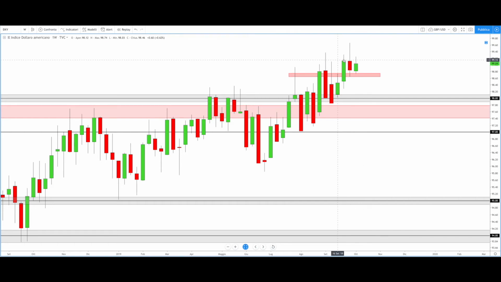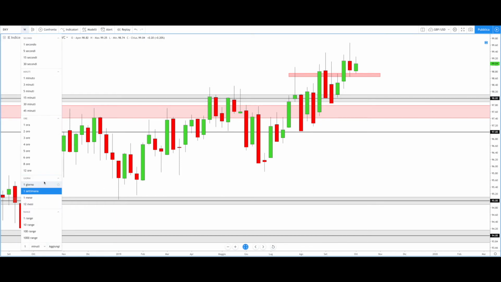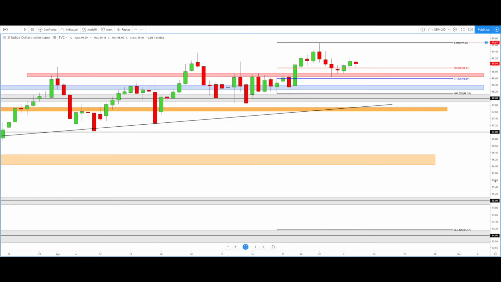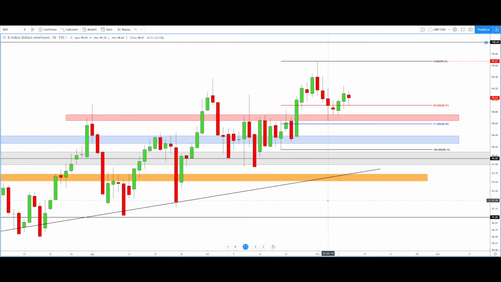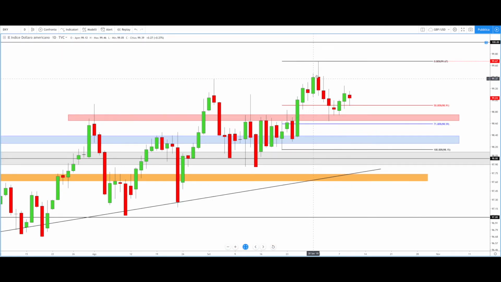Here we have a potential 3-pin pattern that could be the first signal of a new bearish phase. Going on the daily time frame, we can see that the price, after this strong bullish movement, started this correction that brought it to touch another time this slowdown area around 9.870 here.